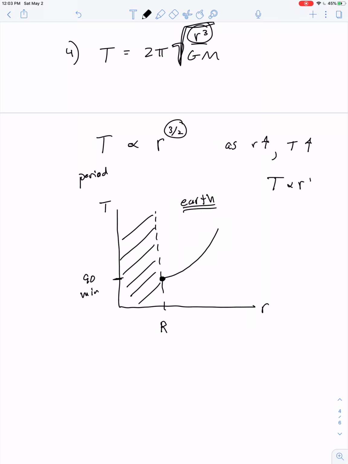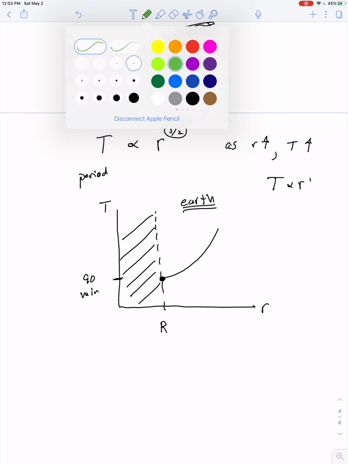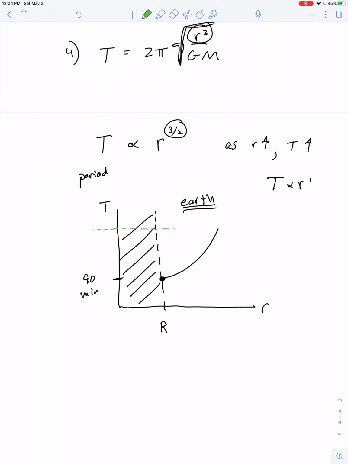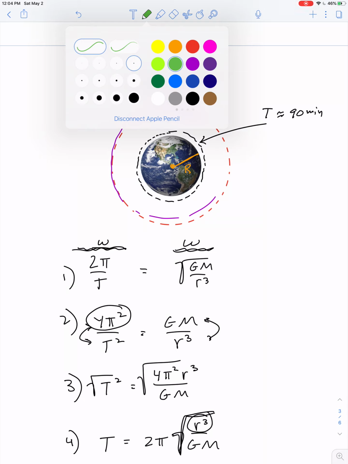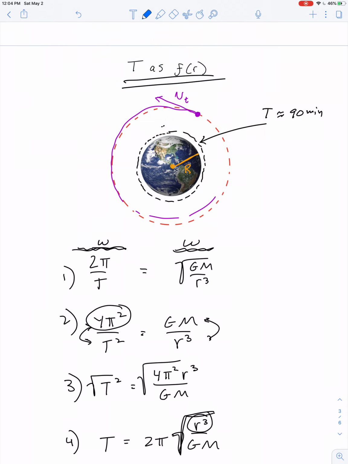And something interesting we could ask is, where would this curve intersect a period? What would the orbital radius have to be so that the curve intersects a point on the time axis of 24 hours? Think what that would imply. Let's say you were standing right here on the Earth, somewhere near California, and the satellite at one moment in time is directly overhead.